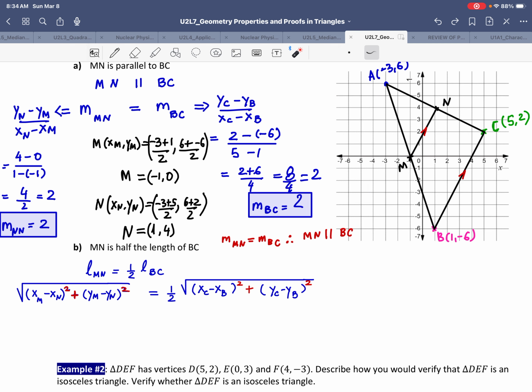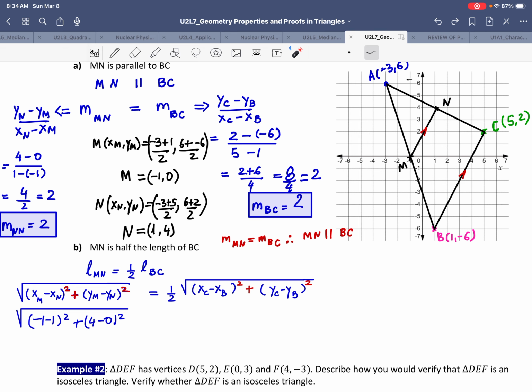So we know the coordinates of M and N and B and C, so we'll substitute. So that would be the square root of -1 minus 1 to the power of 2 plus 4 minus 0 to the power of 2. Remember that we got the coordinates of M and N in the previous step right here. So basically we go -1 minus 1, 0 minus 4, or we can either go 1 minus -1 over 4 plus 4 minus 0 here.